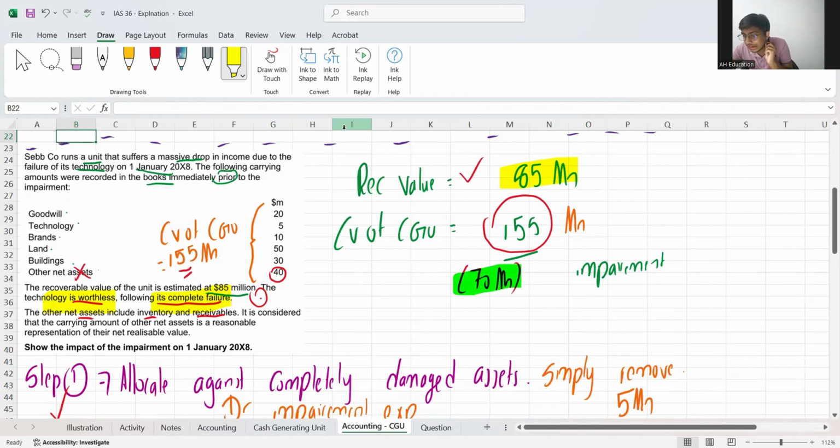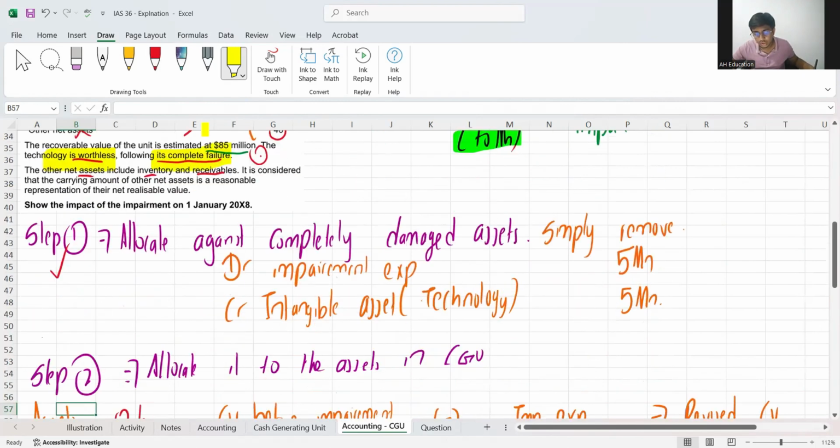It needs to be completely removed. And how do you remove it? You simply do an impairment. The technology is valued at 5 million. So to remove it, you debit impairment expense of 5 million and credit your technology of 5 million.